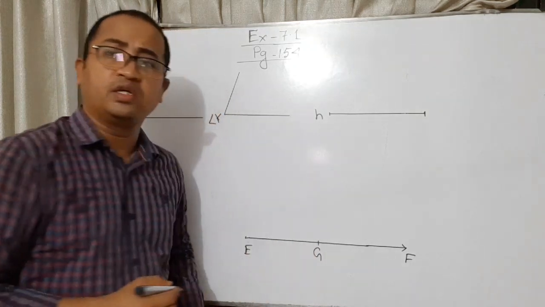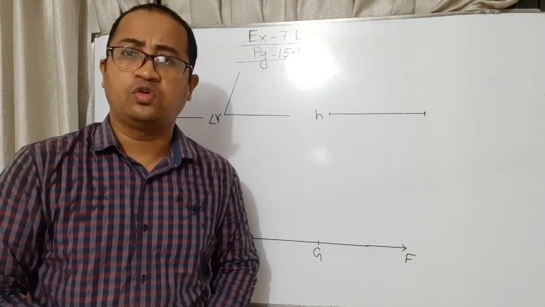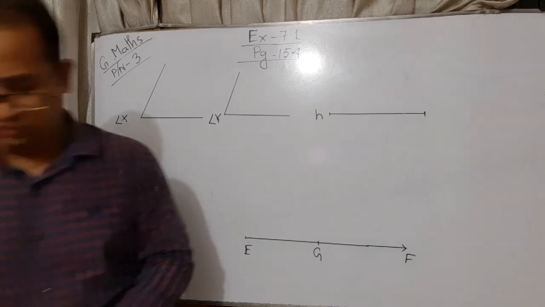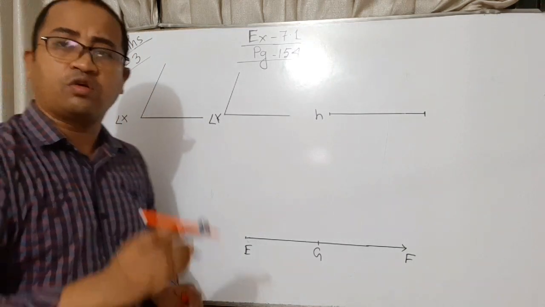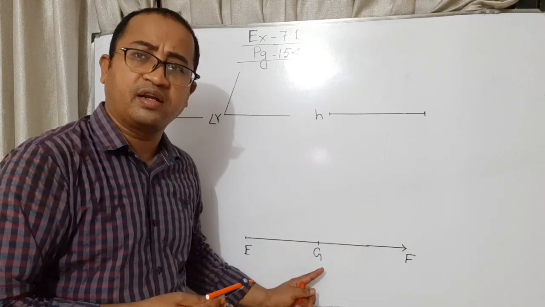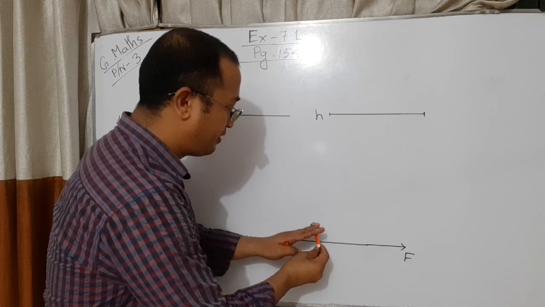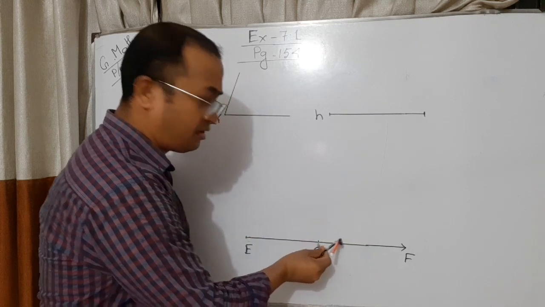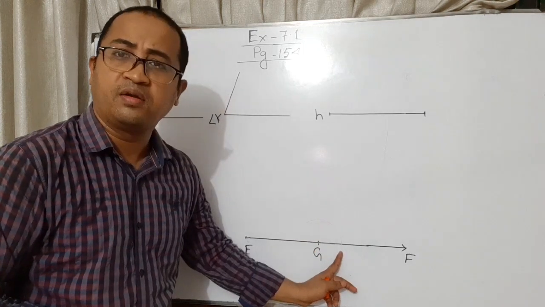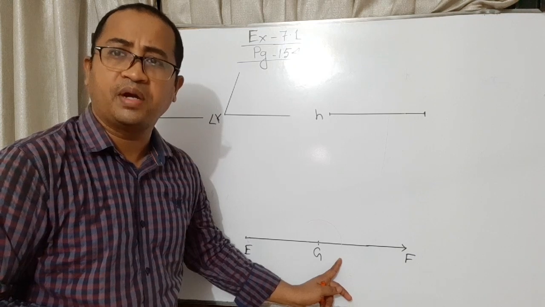Now at the point G, we will draw a perpendicular. I hope that you know how to draw the perpendicular. Look, by using a compass, at first take any radius. With center G and any radius, we draw an arc which cuts the line at a point, but we will not mention it.